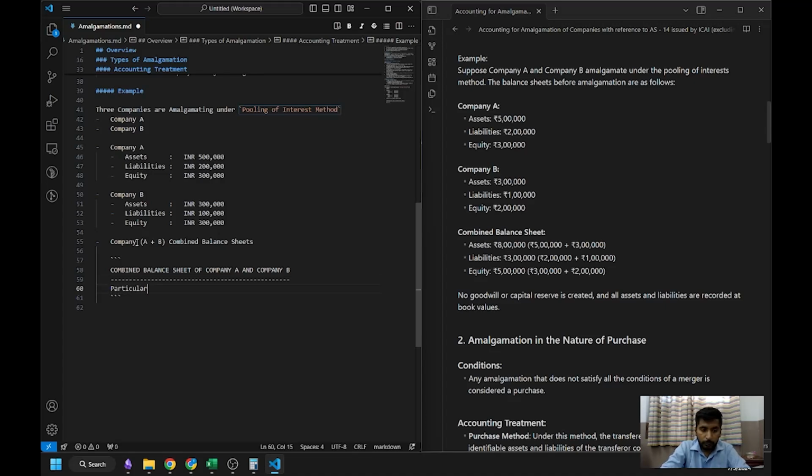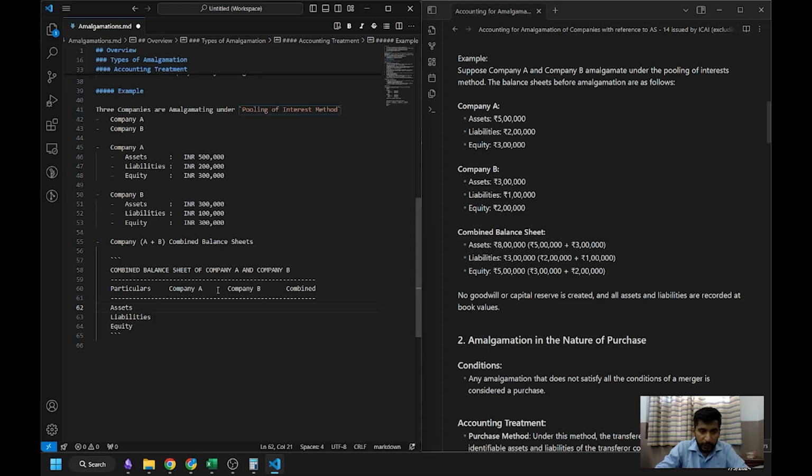Particulars: company A, company B, combined. So, assets, liabilities, and equity.